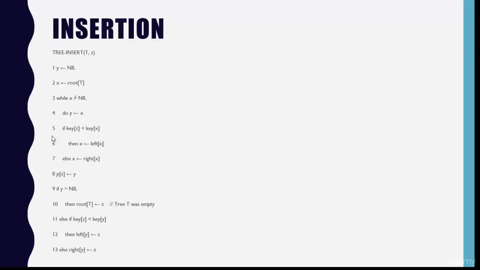This nil occupies the position where we wish to place the input item z. Lines 8 to 13 set the pointers that cause z to be inserted. Like the other primitive operations on search trees, the procedure tree insert runs in order of h time on a tree of height h.